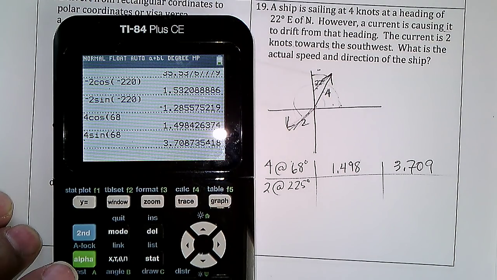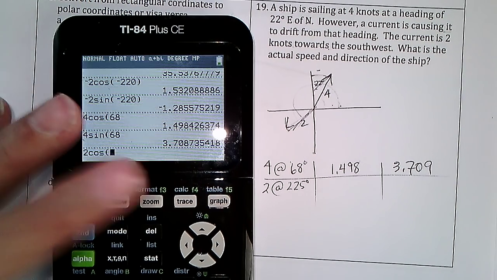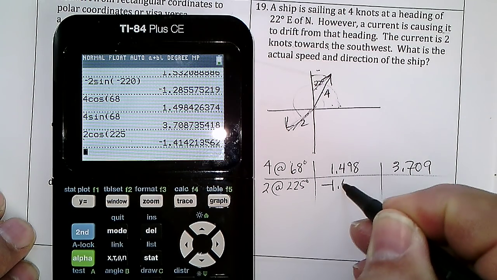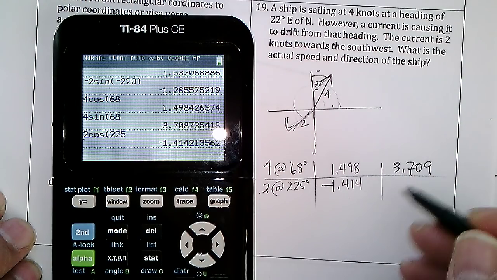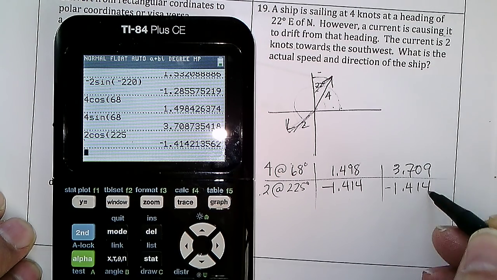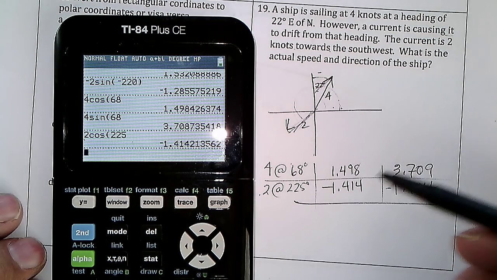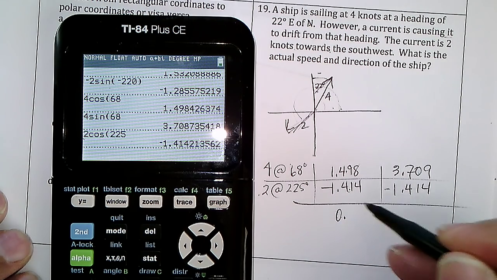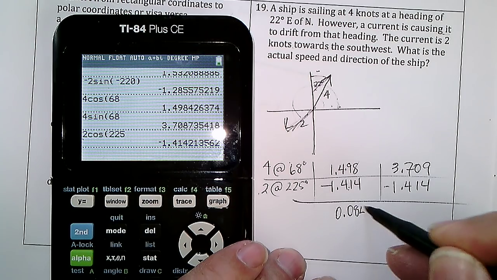Then for the other one, 2 cosine 225, and that should be a negative 1.414. And since it's at 225, the signs in that quadrant is the same, so it's negative 1.414. Add those two together. And since these are opposite in sign, we're going to get 0.084.